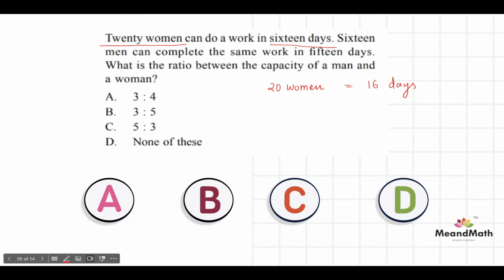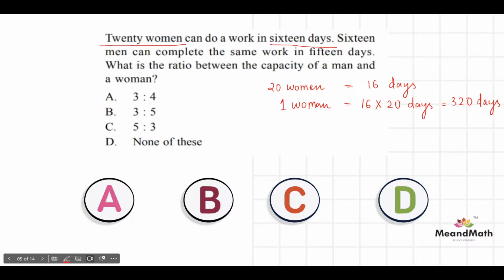If we just allow one woman to work, obviously it will take longer to finish the task. More than 16 times 20 days. That gives us 16 times 20, which is 320 days, right?